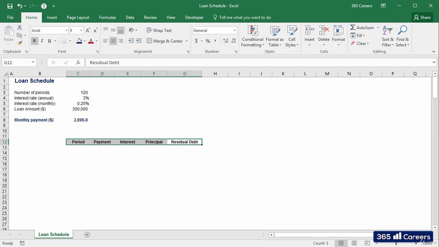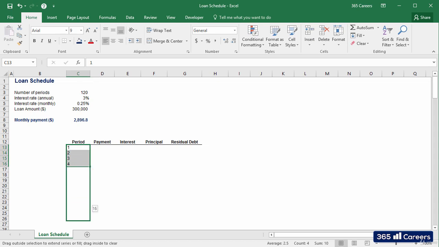Okay, the first column will indicate the number of the respective payment. 1, 2, 3, 4, and so on to 120.